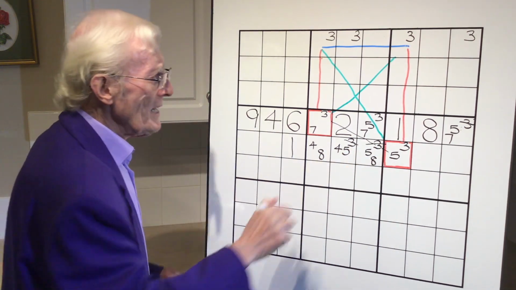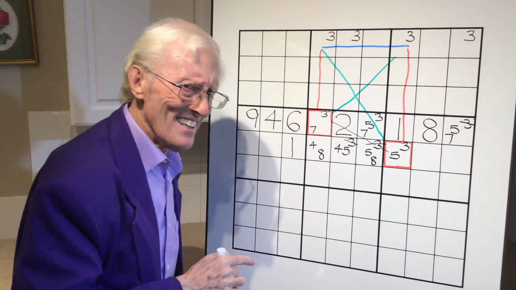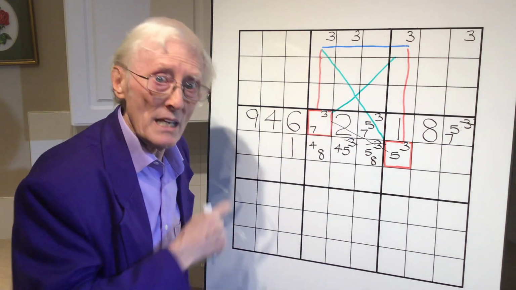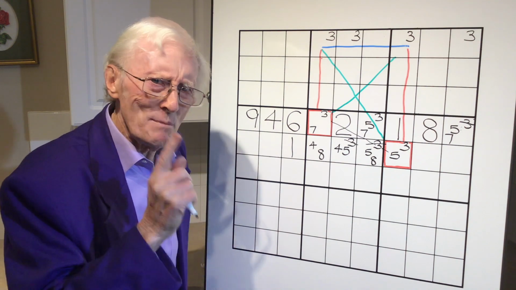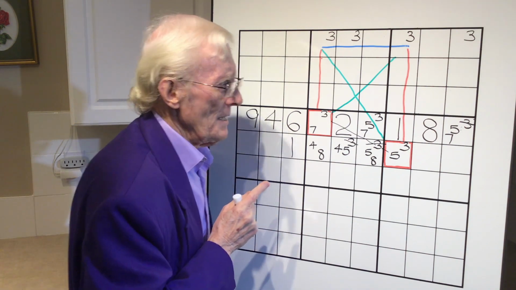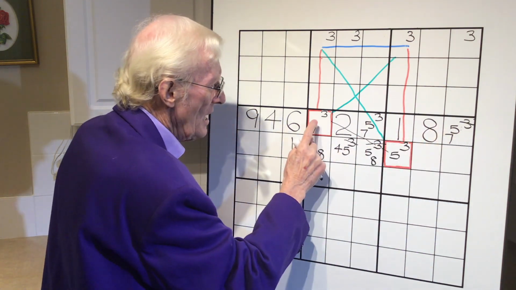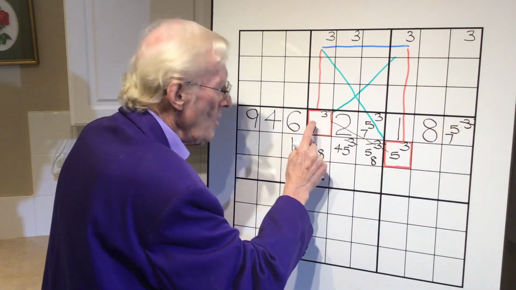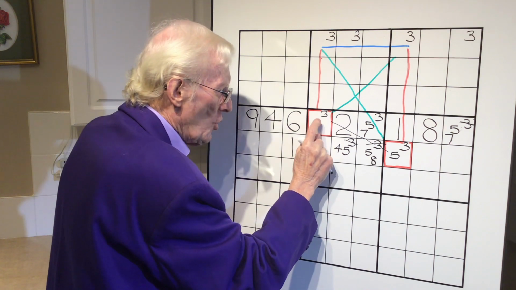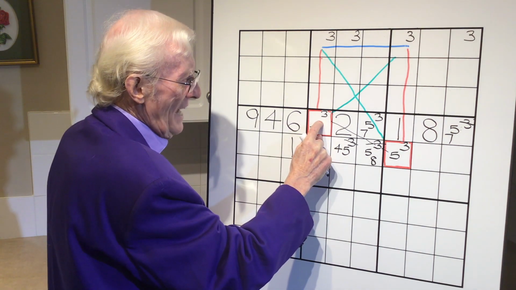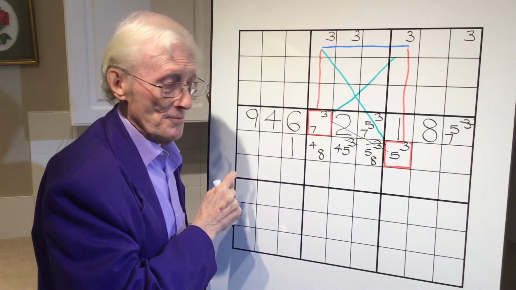Now let's talk about this 3. Yeah, this one we cannot eliminate. We cannot remove that. Let me show you why. I was telling you that this 3 here can see this 3 on the same row, but it sees the corner of the roof, and it's in another block.